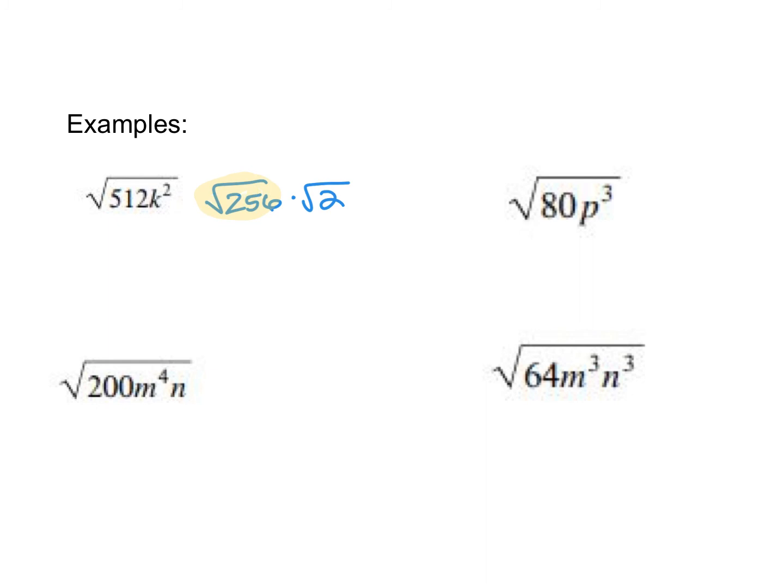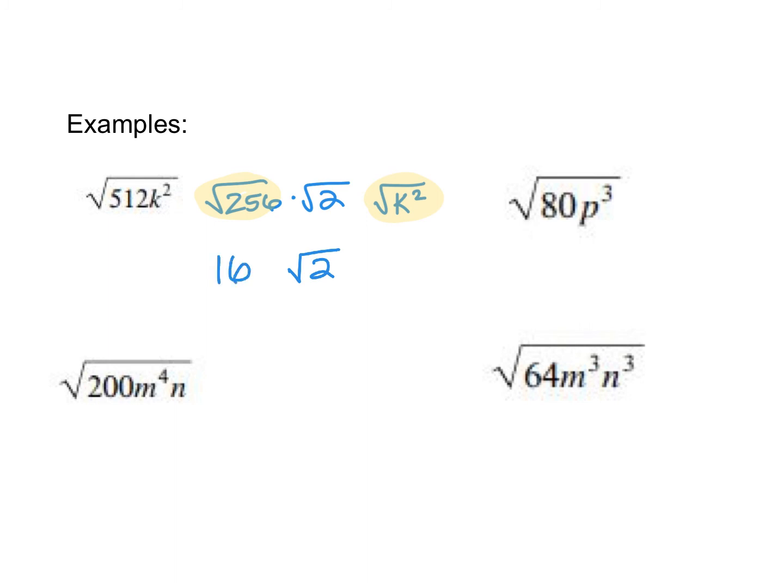Now, k squared is already perfect because it's even. Even exponents are automatically perfect squares. So that means that the 256 and the k squared can both be evaluated, but the radical 2 will not be able to be. It is not perfect. So my answer is going to have a radical 2 in it. The square root of 256 is 16.